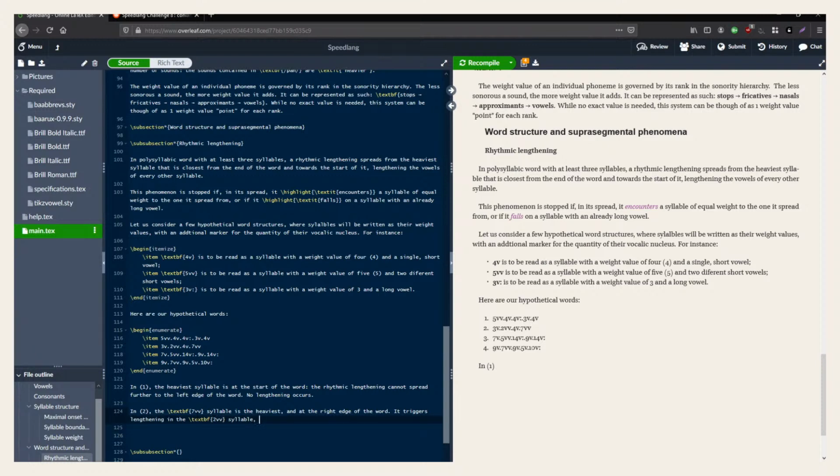The two vivi syllable, as it is two syllables. To the left. Steps, thank you. Two steps further to the left.